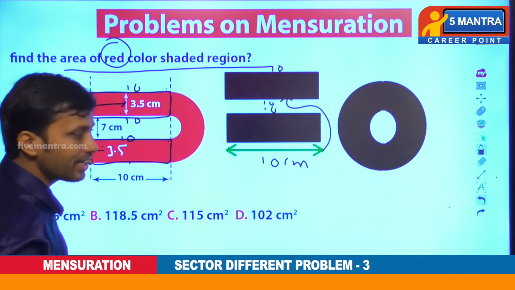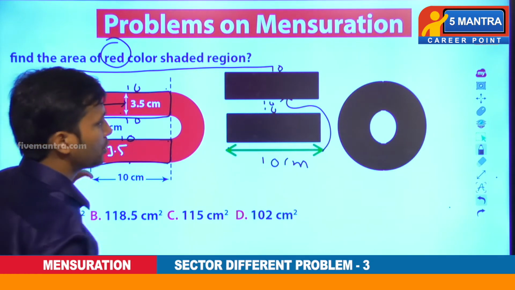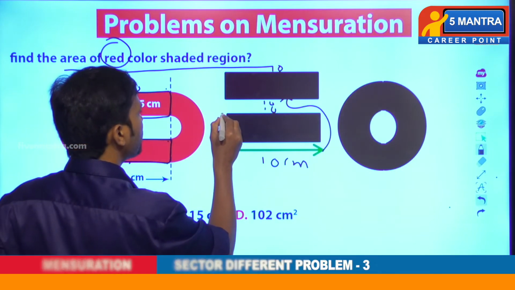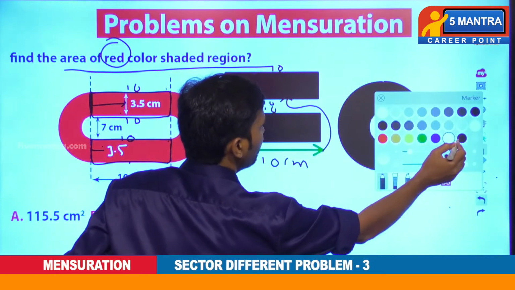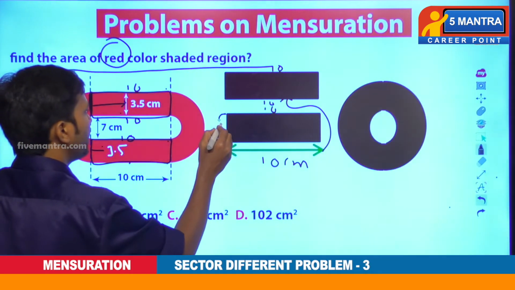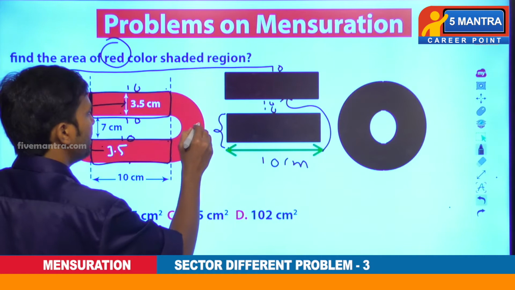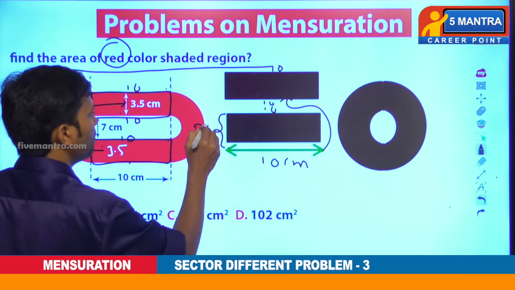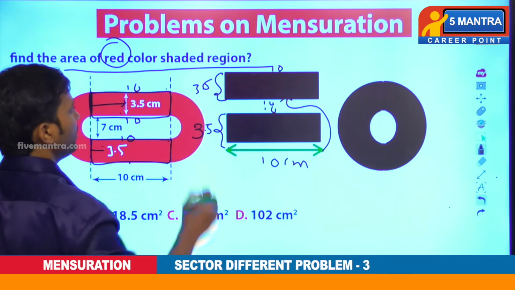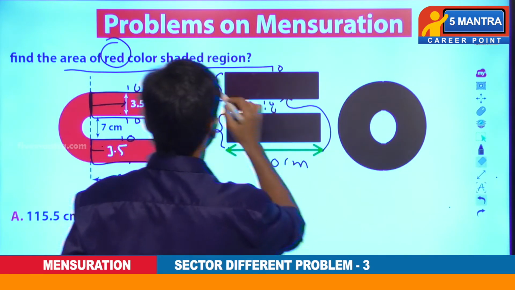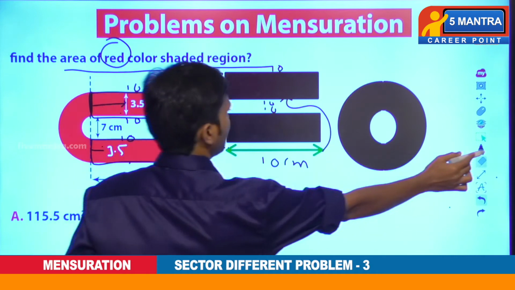This represents the breadth of the rectangle or not? So the breadth of the rectangle is how much, guys? 3.5 or not? So breadth of the rectangle is given as 3.5 centimeters, right?